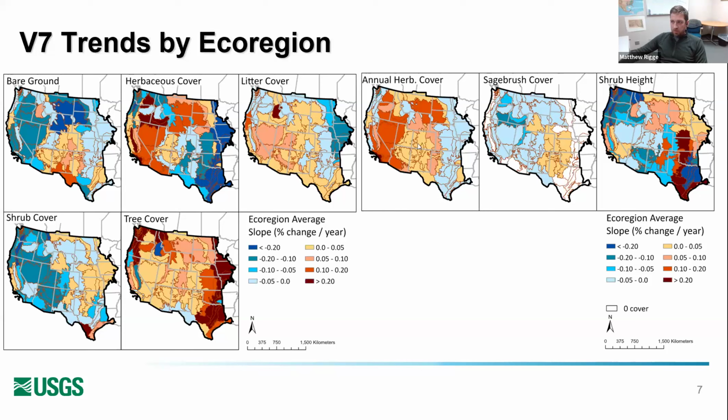But often what happens is the annual herbaceous cover ends up coinciding with a decreasing trend in bare ground in those same ecoregions. The other big story is the increasing trend in tree cover across the Great Plains, and reducing the herbaceous cover in that region as well, which is a well-documented phenomenon.